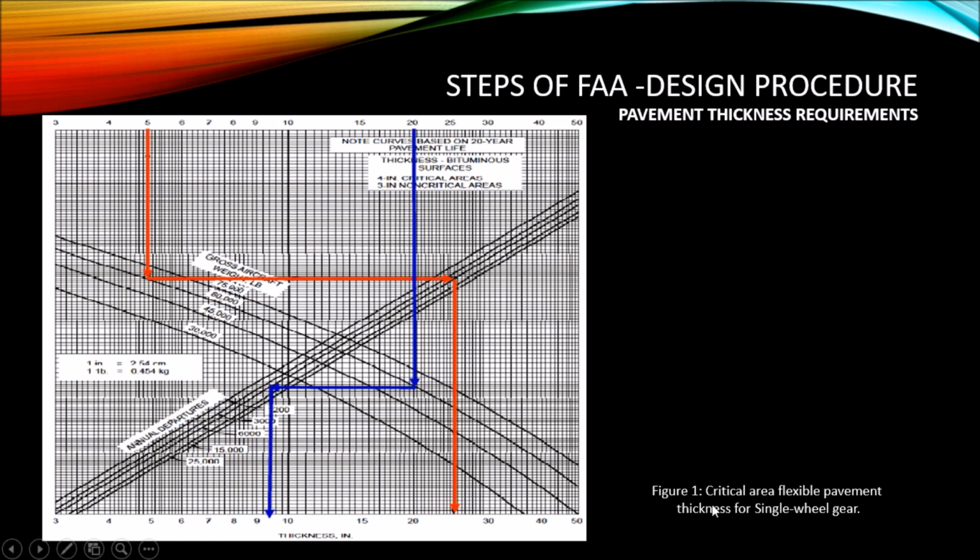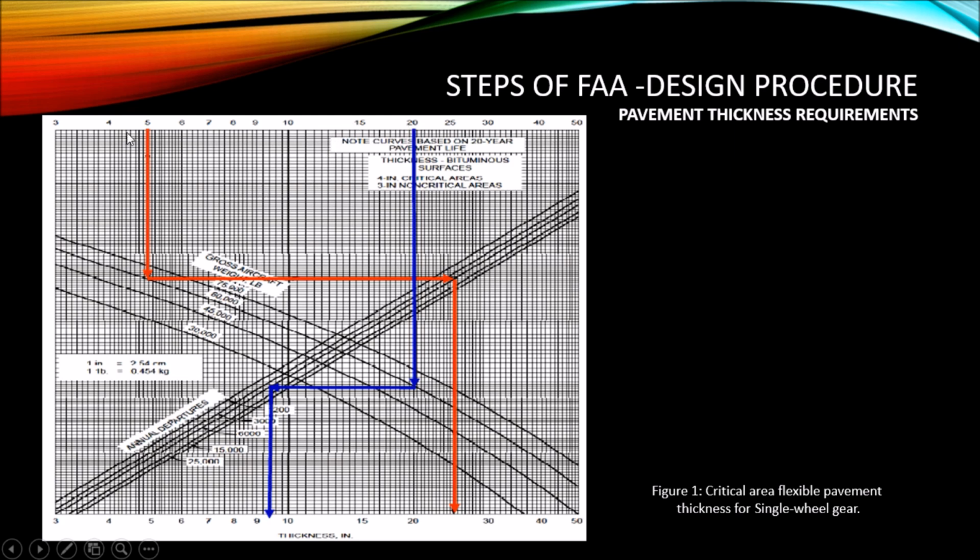This one, in figure 1, is the critical area flexible pavement thickness for a single wheel gear. So this method is a CBR method. Having the CBR value in mind, this is the CBR axis. You can see 3, 4, 5 up to 50.